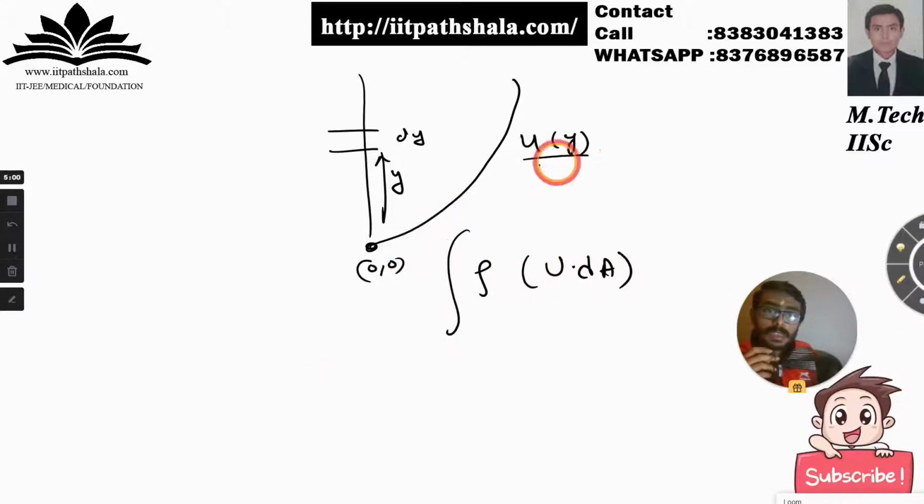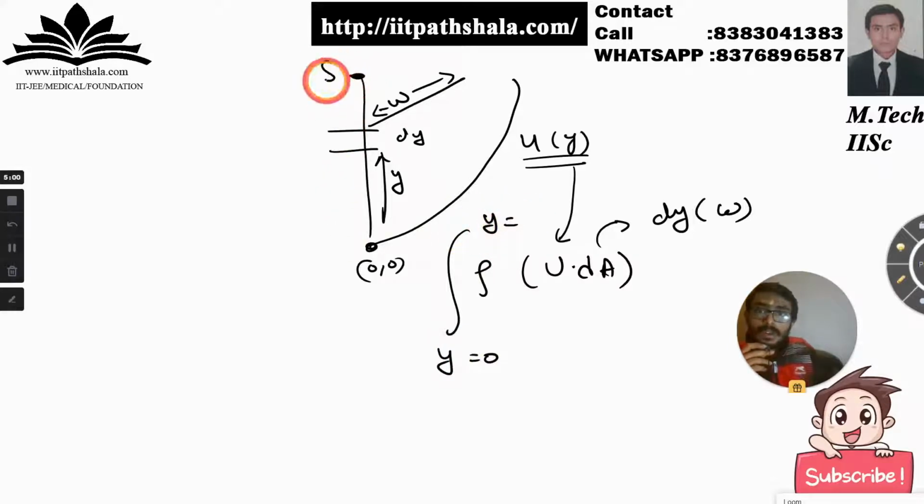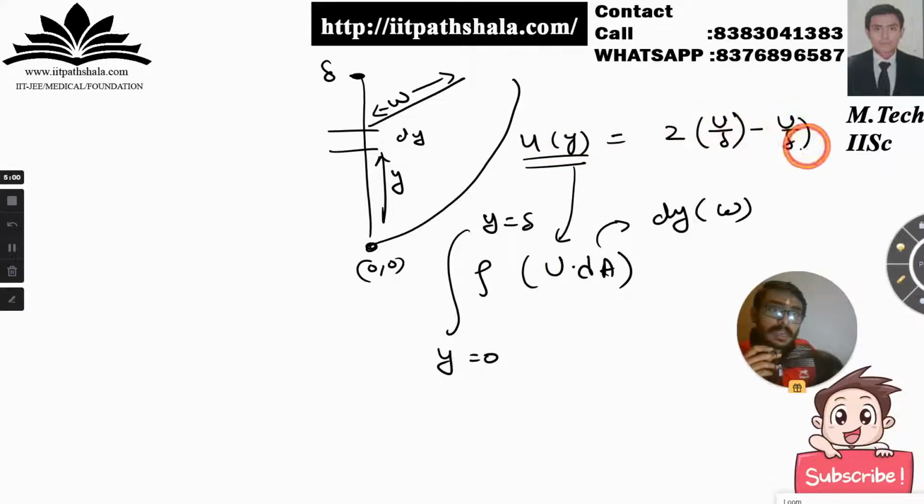Here, as you can see, velocity is varying across the y-axis. dA will be equal to dy into w, because there is a depth of the plate given to you. Now you are integrating from y equal to 0 to y equal to delta. You need to integrate this. You are given the expression of u by U as 2y by delta minus y by delta whole squared.